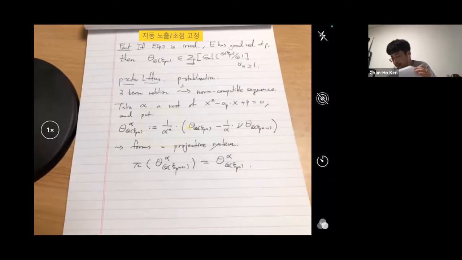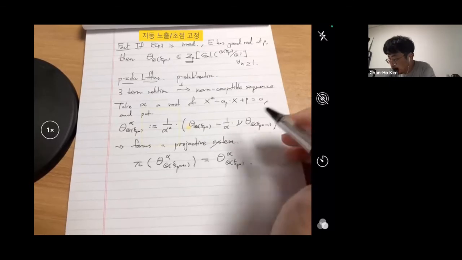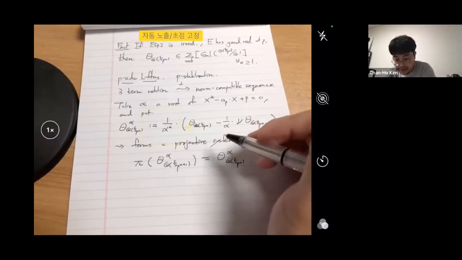Of course, right now I don't consider the integrality, and now I assume alpha is a p-adic unit.